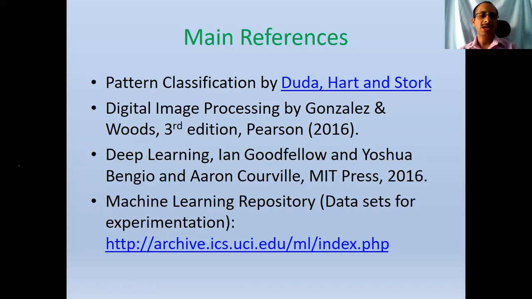Then I will move on to neural networks and other aspects. When I move on to deep learning, the deep learning book by Ian Goodfellow is good, but most of the time I will be referring to some video lectures, such as those of the Stanford team. Neural networks can also be referred from this book.